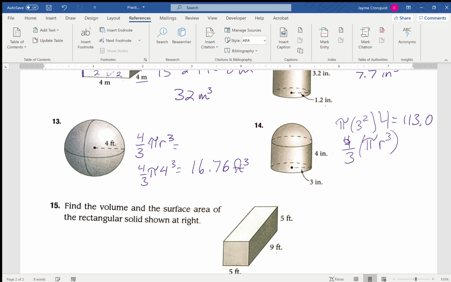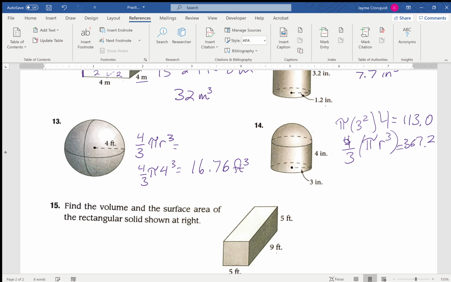All right, and 4 thirds times 3.14 times r, which is 3, so 3 cubed. Okay, 367.2.